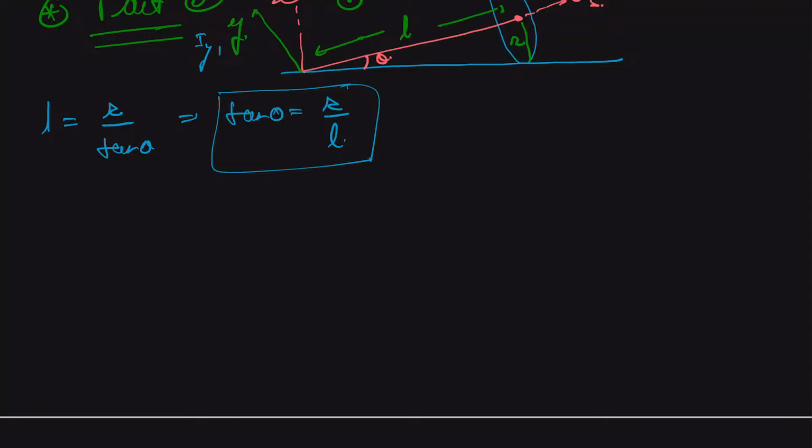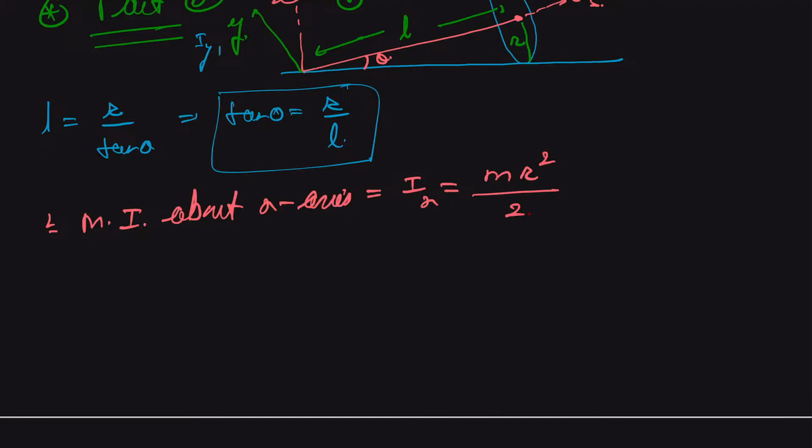Therefore we can say that the moment of inertia about the x-axis, that is our I of x, will be equal to m r square upon 2.